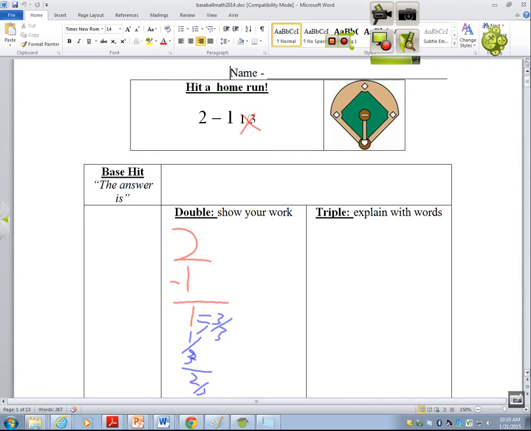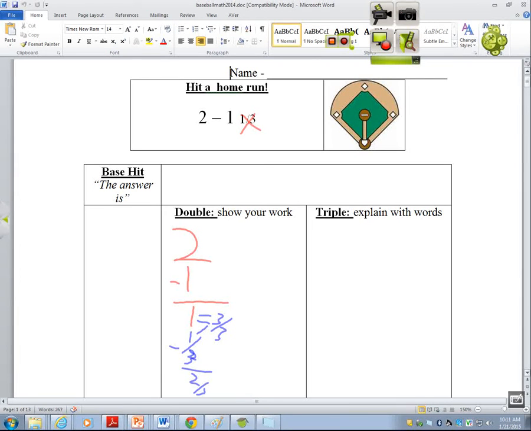Okay, so you did 2 minus 1. You did 2 minus 1, and 1 equals 3/3, and that's a whole. And then she did 3/3 minus 1/3, and that gives you 2/3.